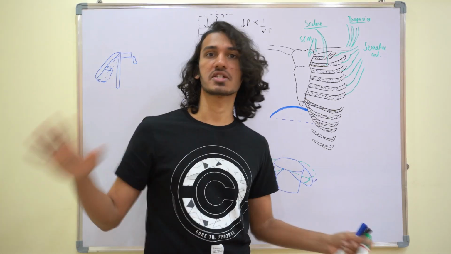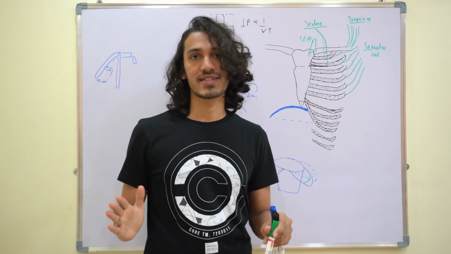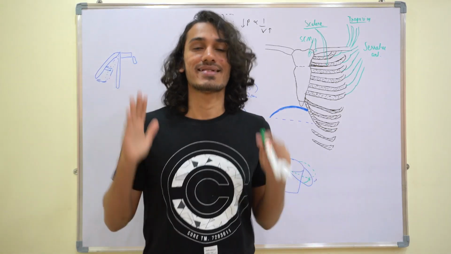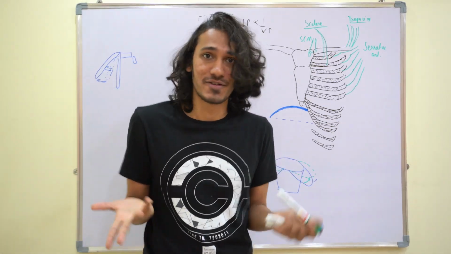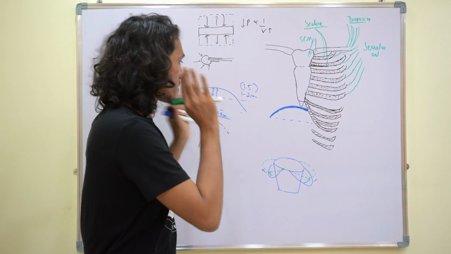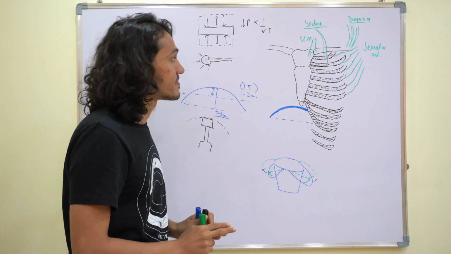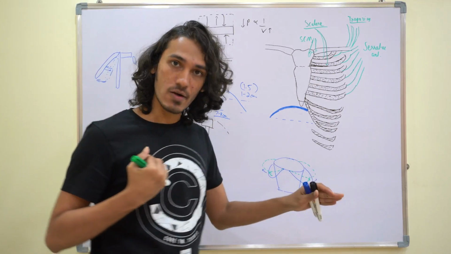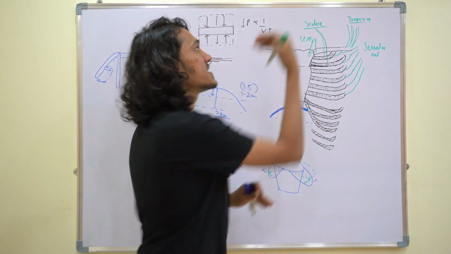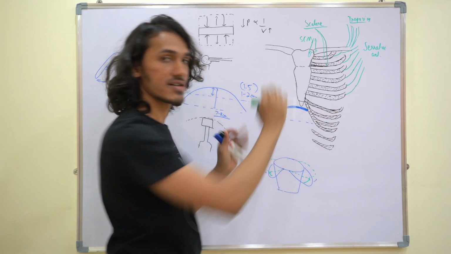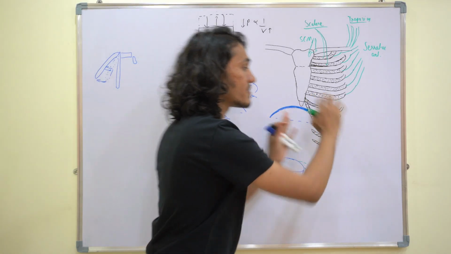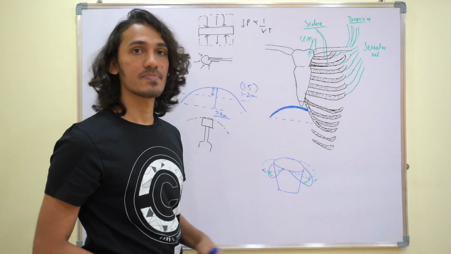The primary inspiratory muscle is diaphragm. Don't forget that. The primary inspiratory muscle is diaphragm. Very simple thing, I don't know, some people still get confused with it. So the primary inspiratory muscle is diaphragm. And apart from that, we got the sternocleidomastoid, scalene, trapezius, serratus anterior, especially acting over here. And we got the buccal movement over here.